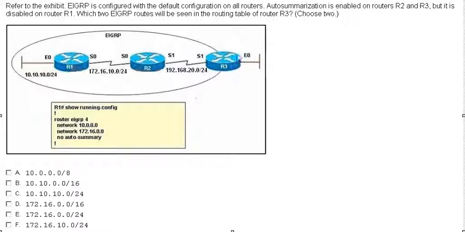And if we do auto summarization, which is by default on EIGRP, and we disable it on R1 with the no auto-summary command, which among these networks can be seen on router 3 if we do a show ip route?